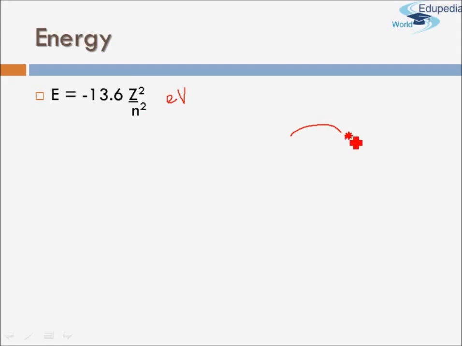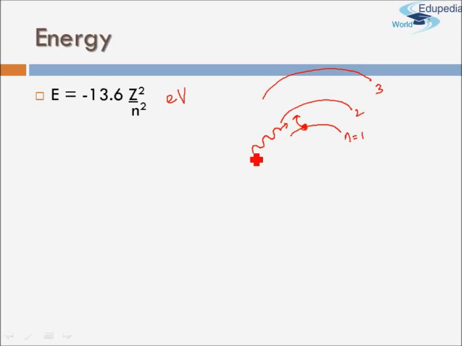Let's say this is your first orbit, n equal to 1, n equal to 2, n equal to 3 and so on. Whenever the electron wants to jump from a lower orbit to a higher orbit, it needs to absorb energy. And it is going to do so in the form of electromagnetic radiation.